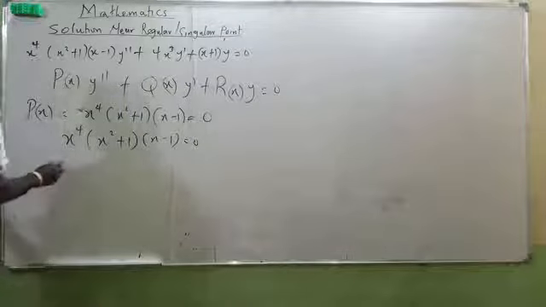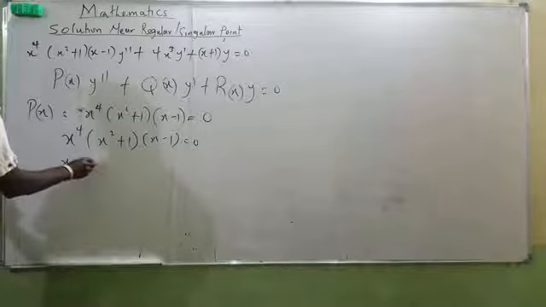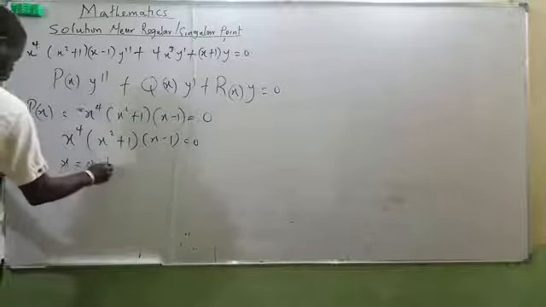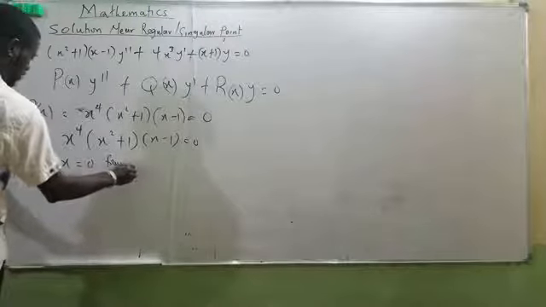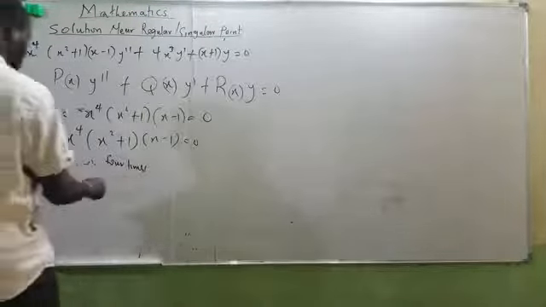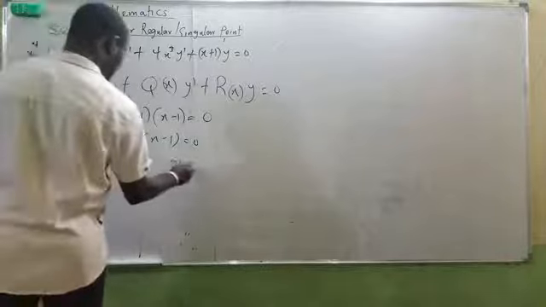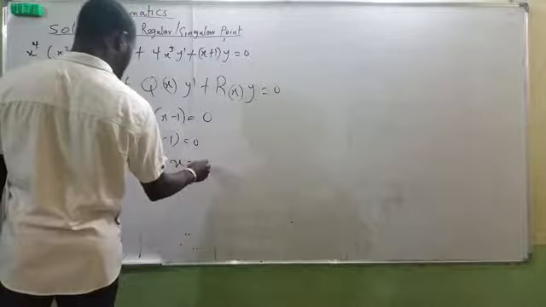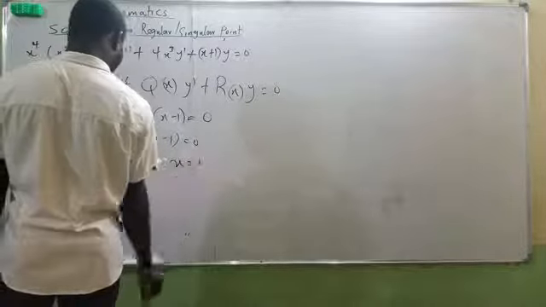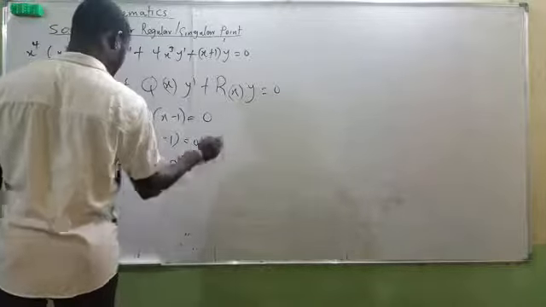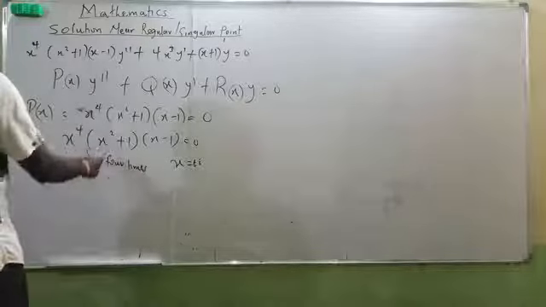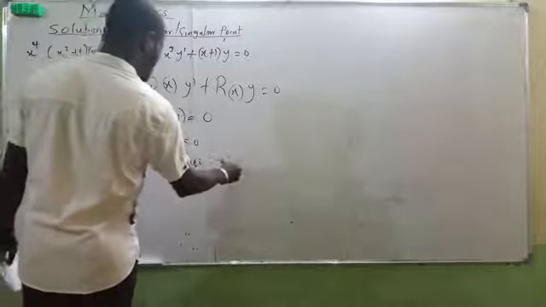Here, I'll have x equals 0 four times, x equals plus or minus i, which is complex, and x equals 1.